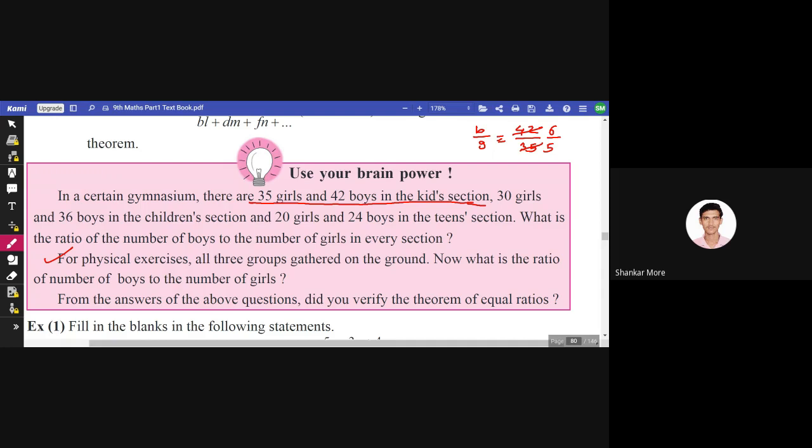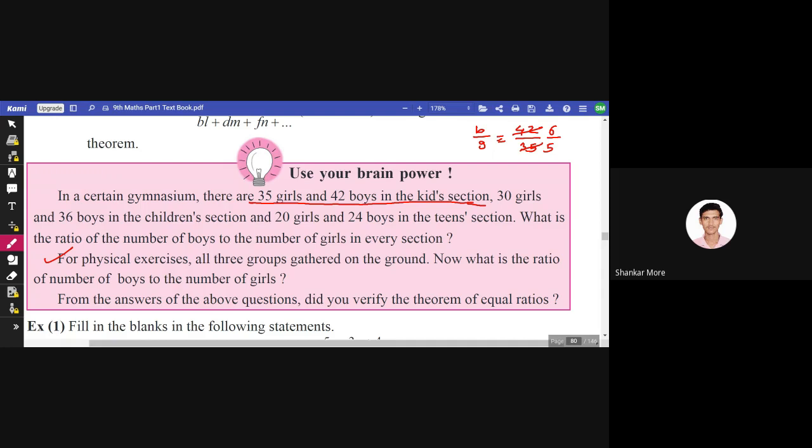Now find out the ratio of boys to girls. 102 divided by 85. It is again 6 to 5. Is it so? It should not be the same, or it should be same? What do you think, Vinit and Vedant? It should be same or different? It should be same.